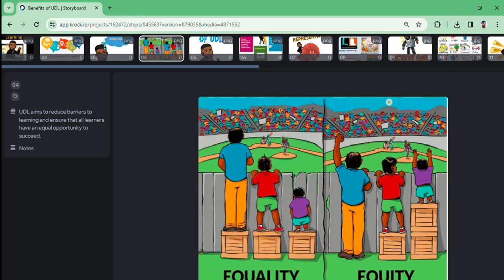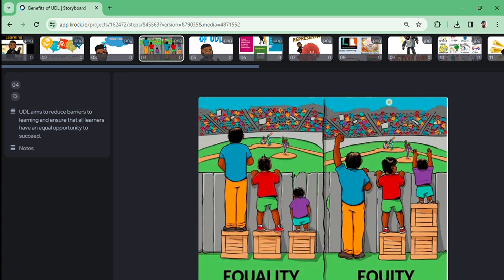In the first situation, each person has the same size box, but this is disadvantageous because only two persons can see the game. In the second image, if the materials allow for everyone to be able to see the game, then that allows for equity.